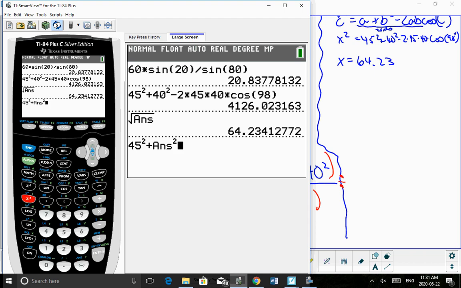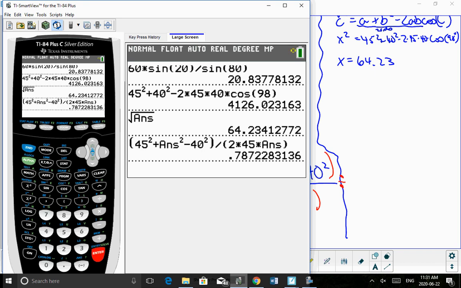If you want to do that, you can, just to save yourself a little bit of time. But if you plugged in the 64.23, oh, I forgot that first bracket, then you're more than welcome to do that. So I'm just going to insert a bracket. Then I just have to go to the end. And then go divide by 2 times 45 times, again, that answer. And again, if you want to plug in 64.23, you can.